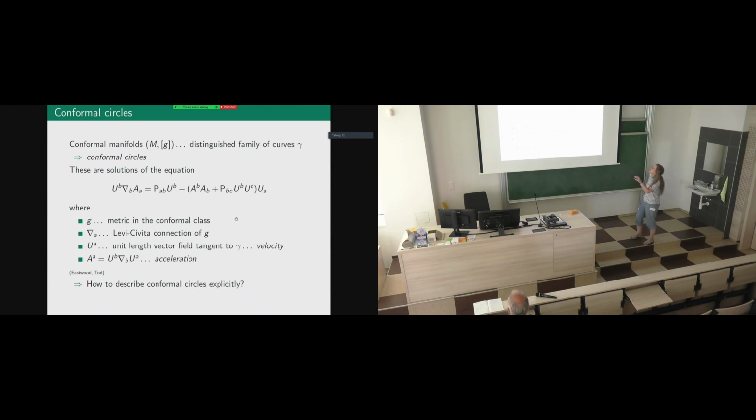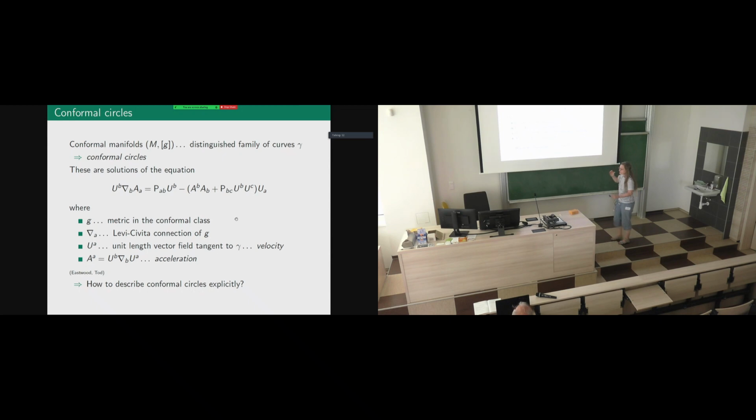So I start with a definition of a conformal circle. If we have a conformal manifold M with a class of conformal metrics, each such manifold has a distinguished family of curves that are called conformal circles, or conformal geodesics, or generalized geodesics.